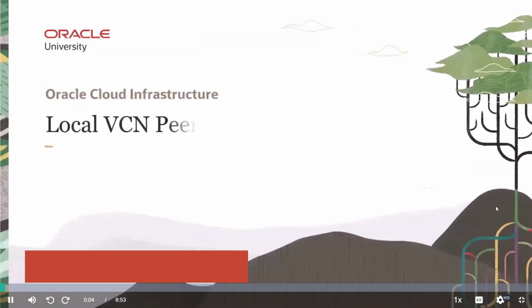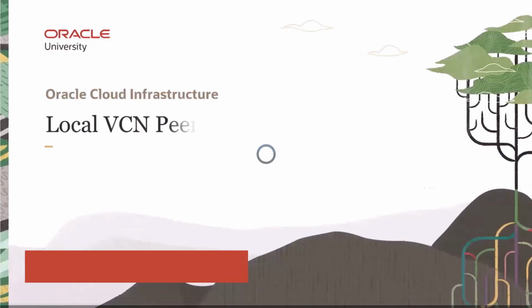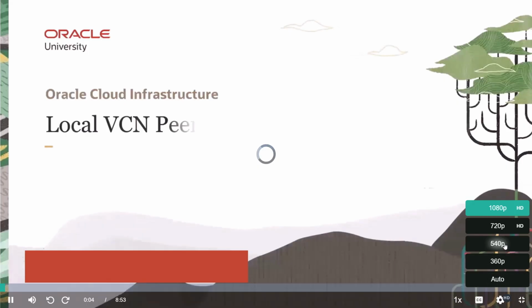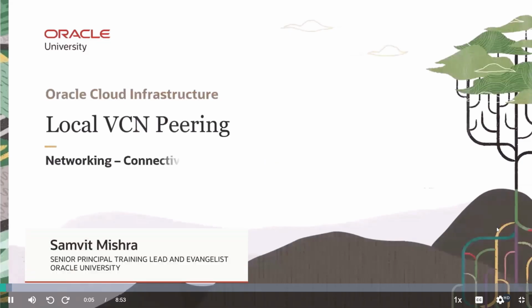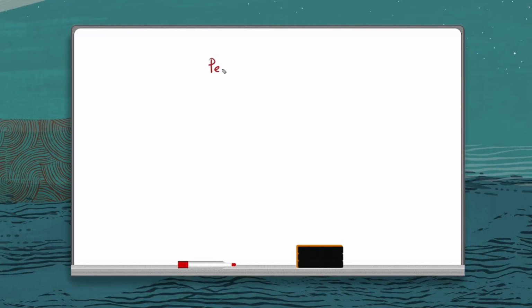Hello and welcome to this lesson on local VCN peering. So let's get started. The first thing that I will help you understand is what is the meaning of peering and what is so special about VCN peering or local VCN peering.